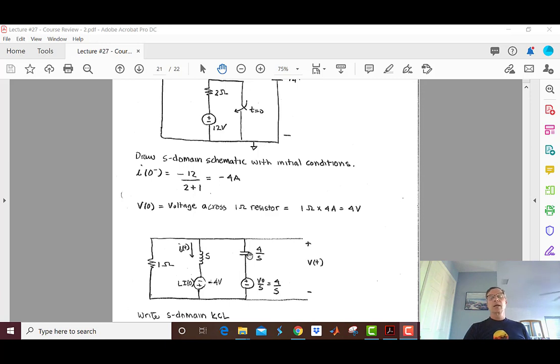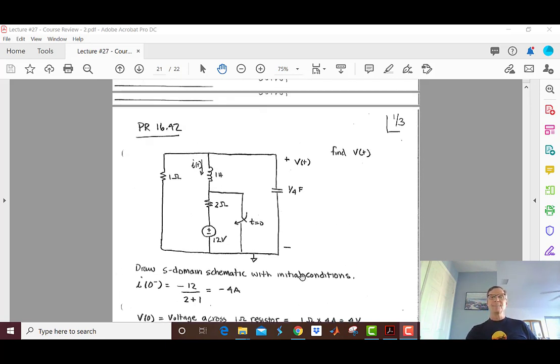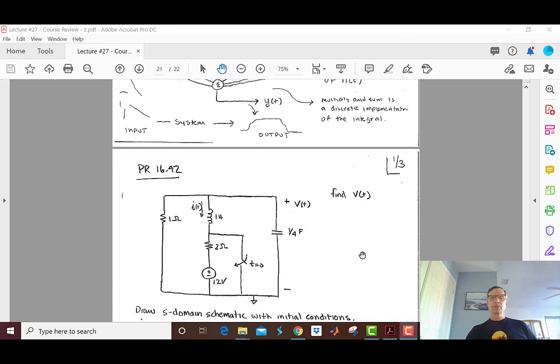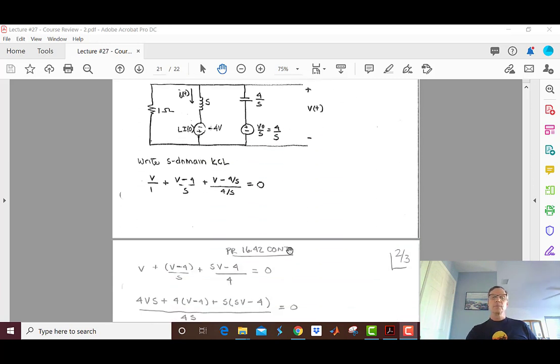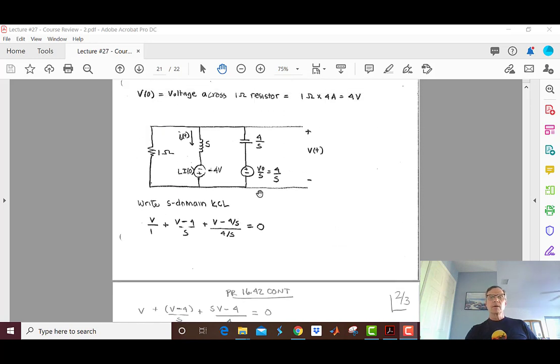It's really cool. Now let's handle the initial condition for the capacitor. We had 4 volts across the capacitor, so when we show those initial conditions, we have V0 over S, the initial voltage across the capacitor divided by S, just like it shows in that lecture and in the book.